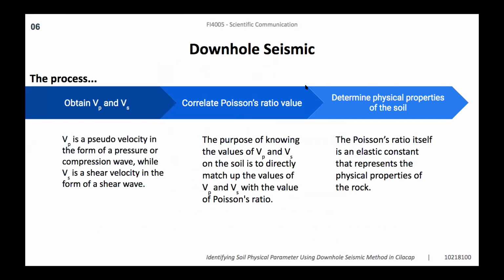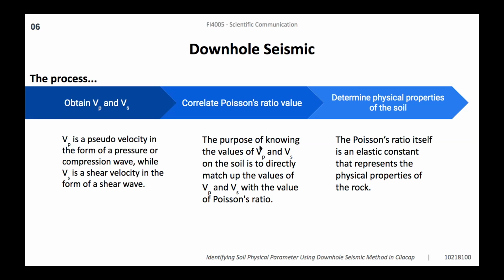Moving on to the data processing, first we are going to obtain the VP, or the P wave velocity, in the form of the compression wave, and we are going to obtain the VS, or the shear velocity, in the form of the shear wave.